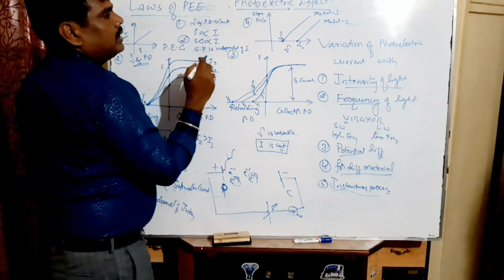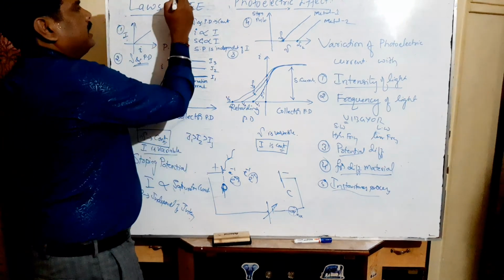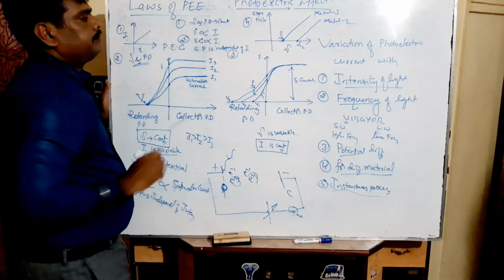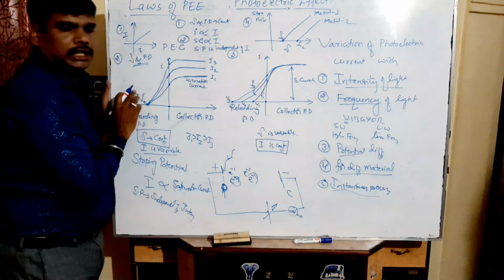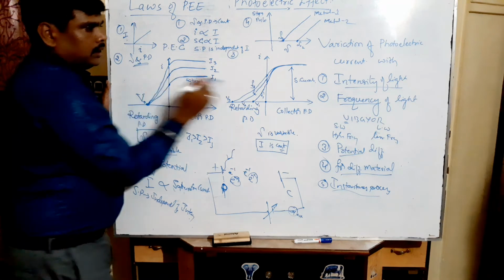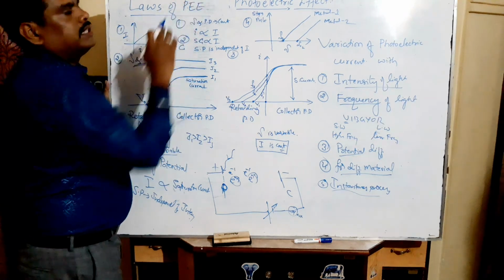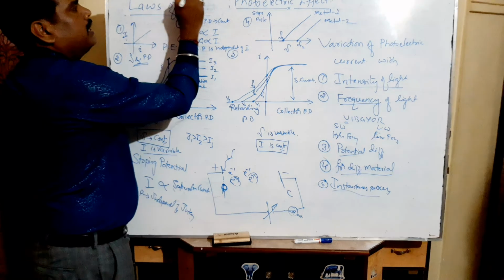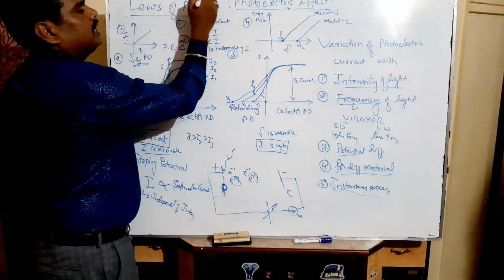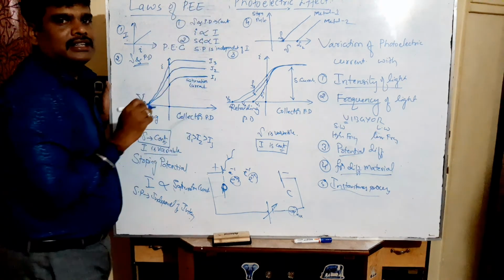Come to the next statement, statement number three. With the help of these two only, I will consider this. For the given photosensitive material, the stopping potential is directly proportional to frequency.